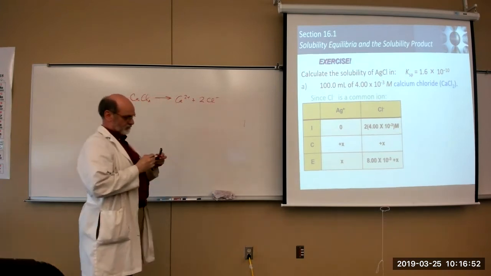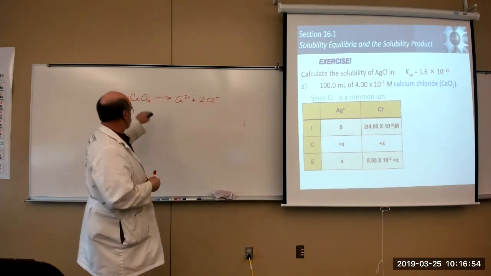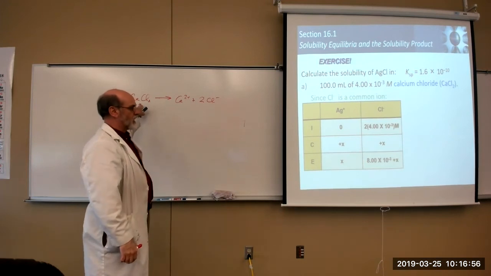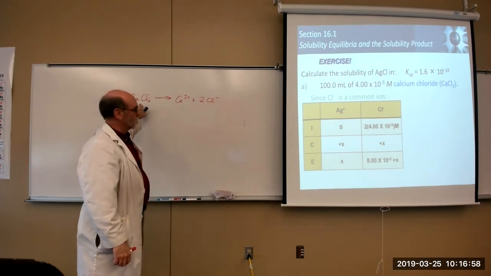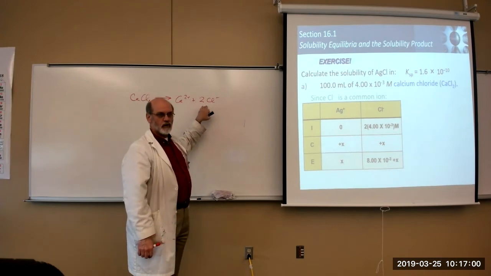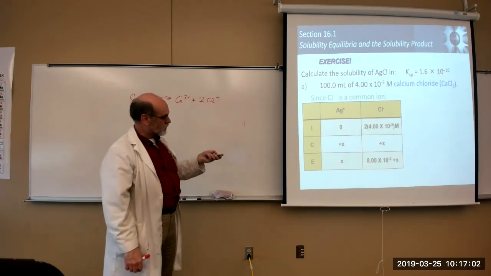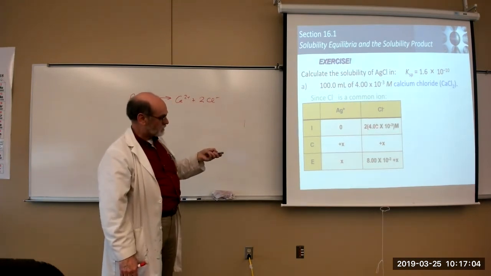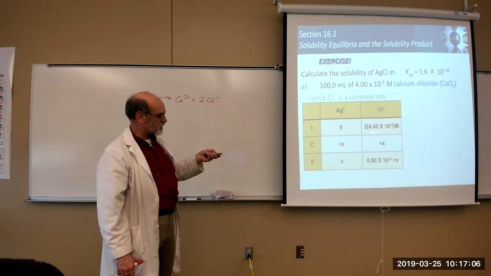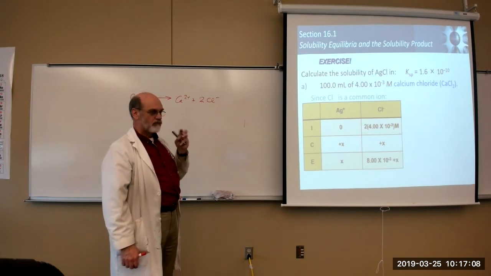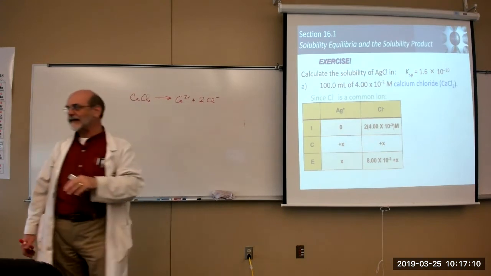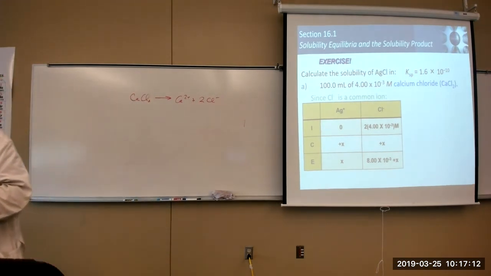If you have this concentration of calcium chloride, 4 times 10 to the minus third, you're going to have twice that much chlorine. That's why the 2. So that's your starting position. This is the chloride concentration before we get any dissolution of silver chloride.